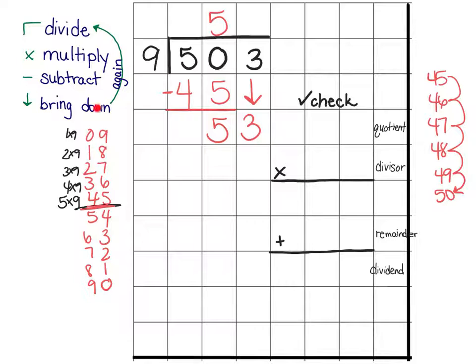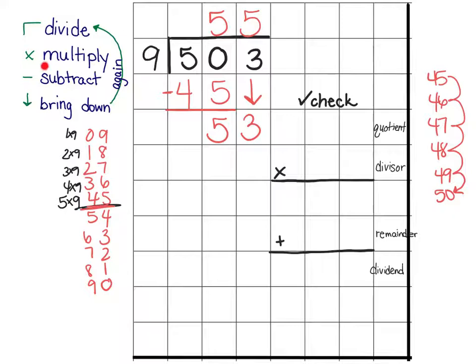So now that we bring down, we go again, divide. 53 divided by 9. So there are 1, 2, 3, 4, 5 groups of 9 in 53. So we write 5 at the top.